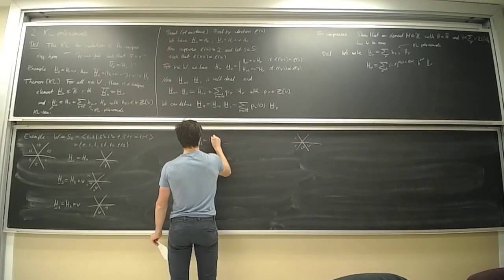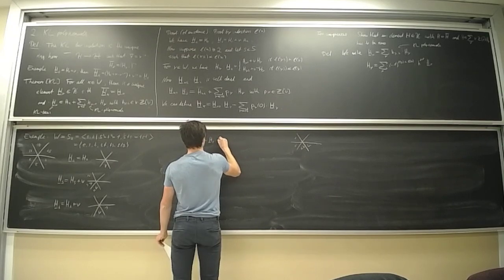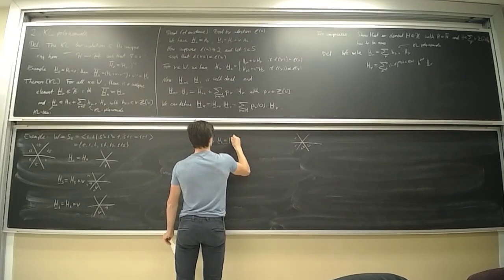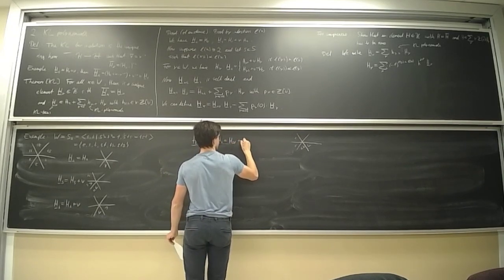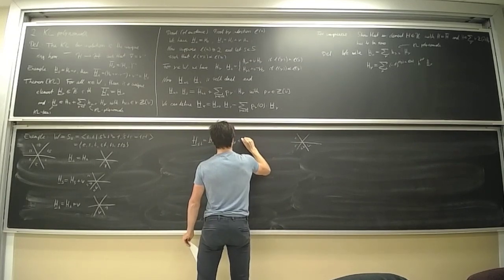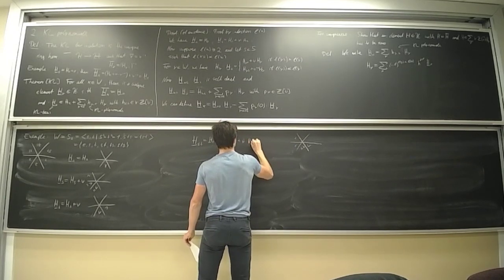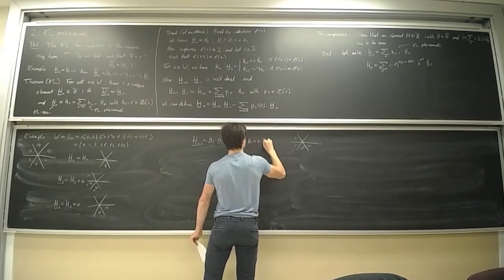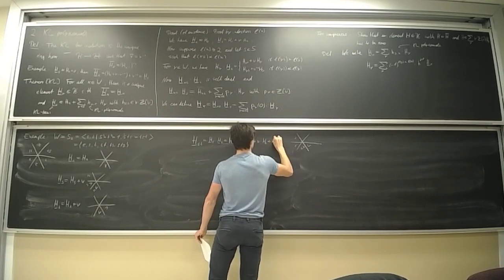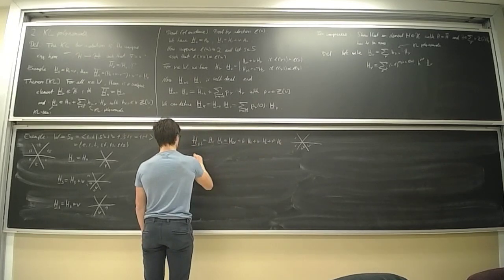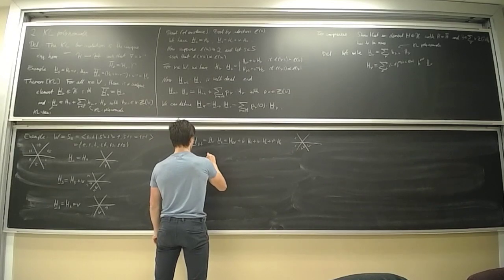So this is H underline S times H underline T, and this is H ST plus V times HS plus V times HT plus V squared times HE, and you can compute the opposite one, H underline TS, exactly the same way.